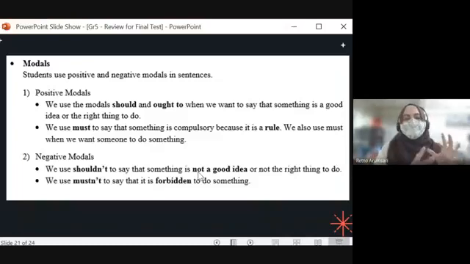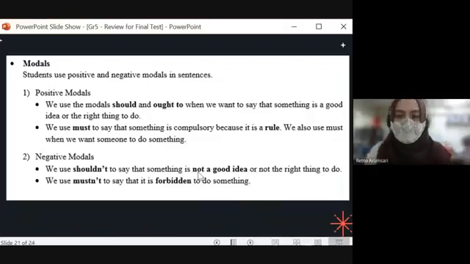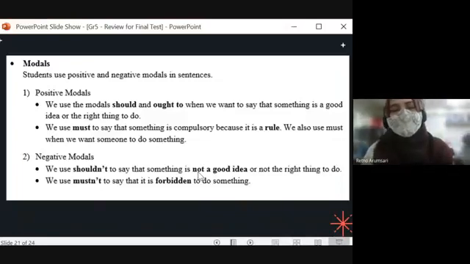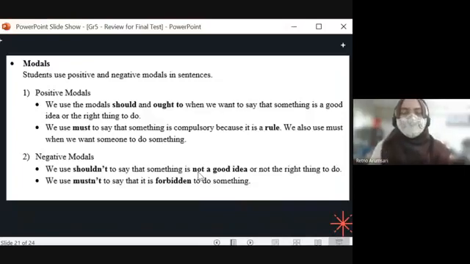And if you do not follow that, you will get a consequence. But what about should, ought to, and shouldn't? Should and ought to are used when it is a good idea to do that action.